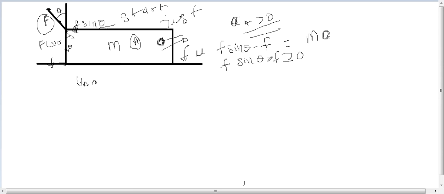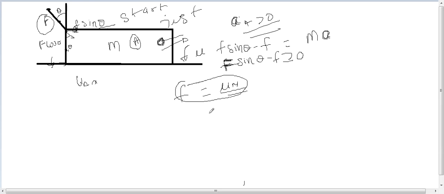And f is equal to, if there is relative motion, f must be equal to mu N. Actually this is force F, and this is the friction force f. Forgive me for writing both of these in the same sense. So if there is relative motion, then f must be this.